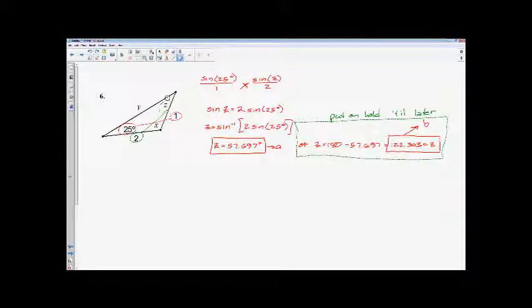So we're solving this one based on z being 57. Once I have z, x is going to be the easiest one to solve for. We'll subtract from 180.